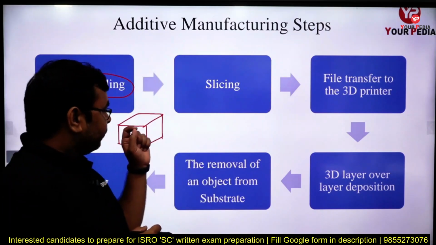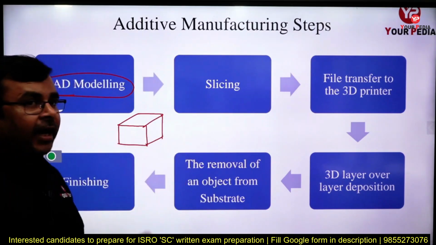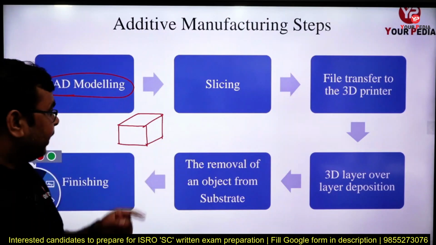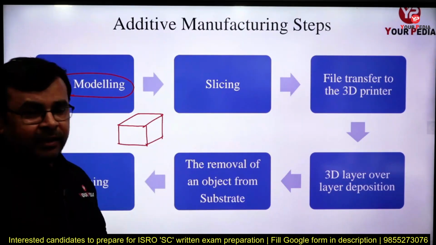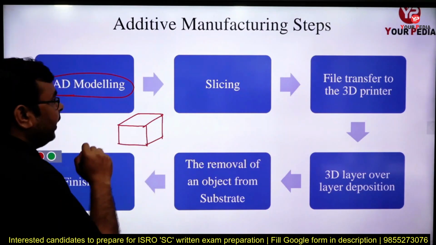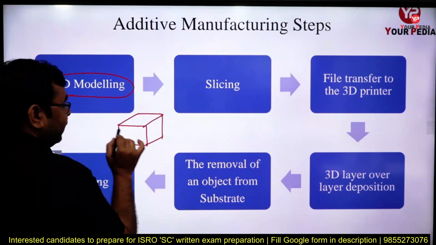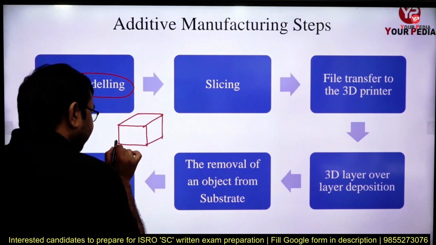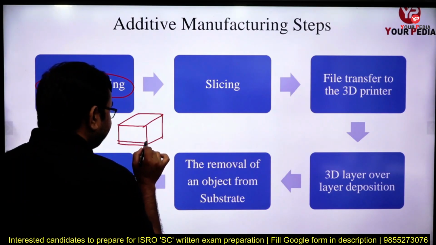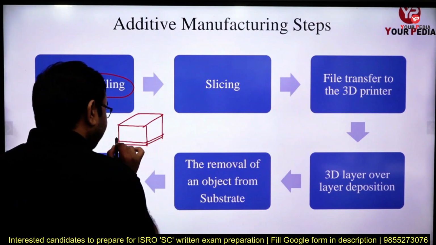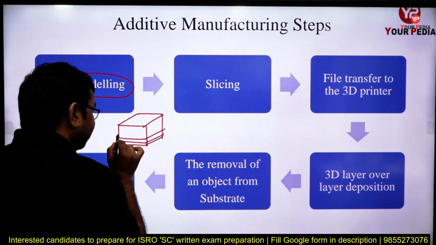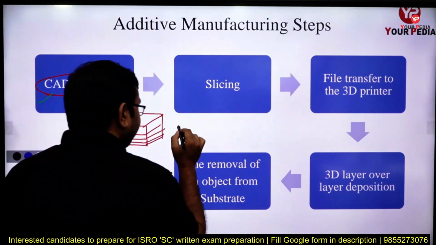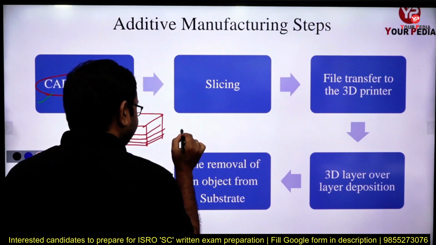So first we need to make its CAD model, correct, and after preparation of the CAD model using several CAD softwares, obviously we can make it, and after that we need to slice it. Slicing means we cut this object into various layers, yes or no, like this. This is called slicing. It can also be drawn like this.